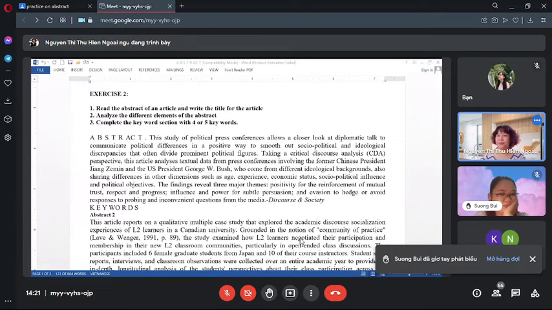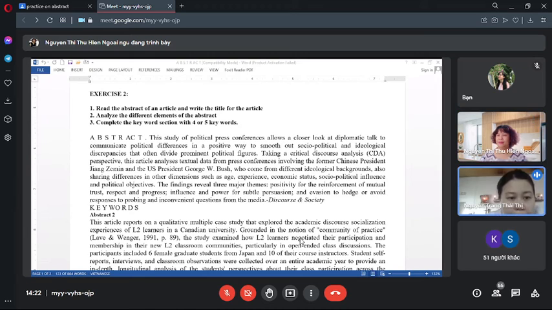Chang, please. For this paragraph, article, it just uses the simple present tense. Yeah, okay. So here you can just see the present tense.